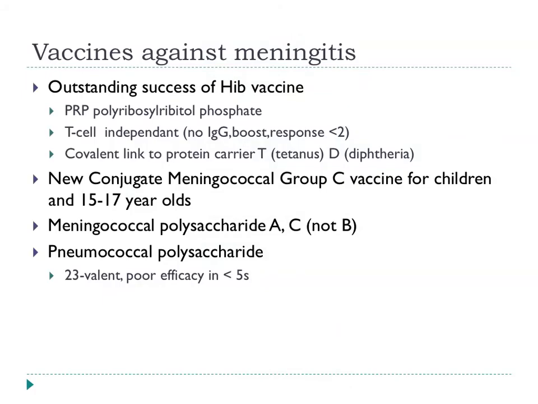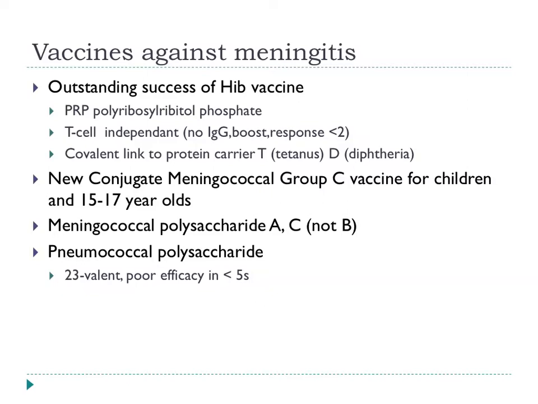Okay, before we move on from meningitis, let's just pause for a second to think about vaccines against meningitis. And this is an area where we've actually had a considerable amount of success in medical science. The so-called Hib vaccine against Haemophilus influenzae, one of the three that I haven't mentioned in any detail, this actually worked very well when it was brought in about 15 years ago.